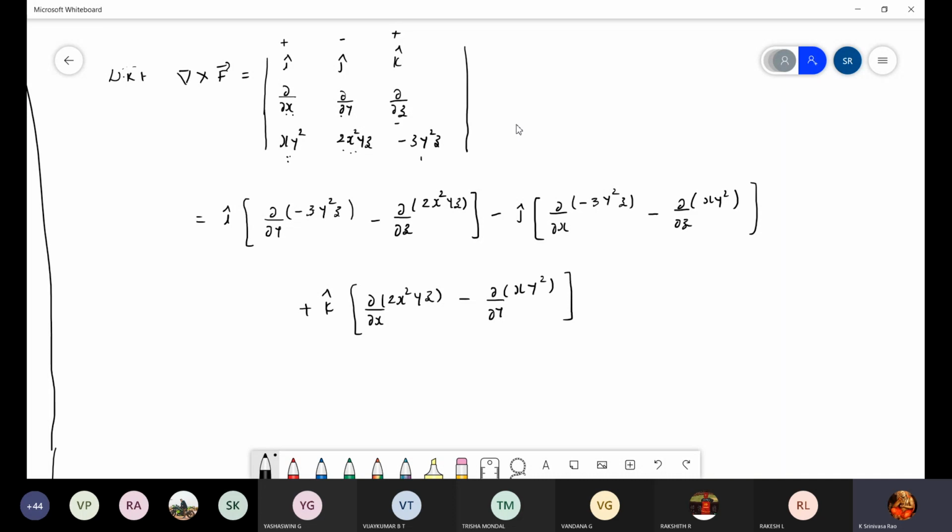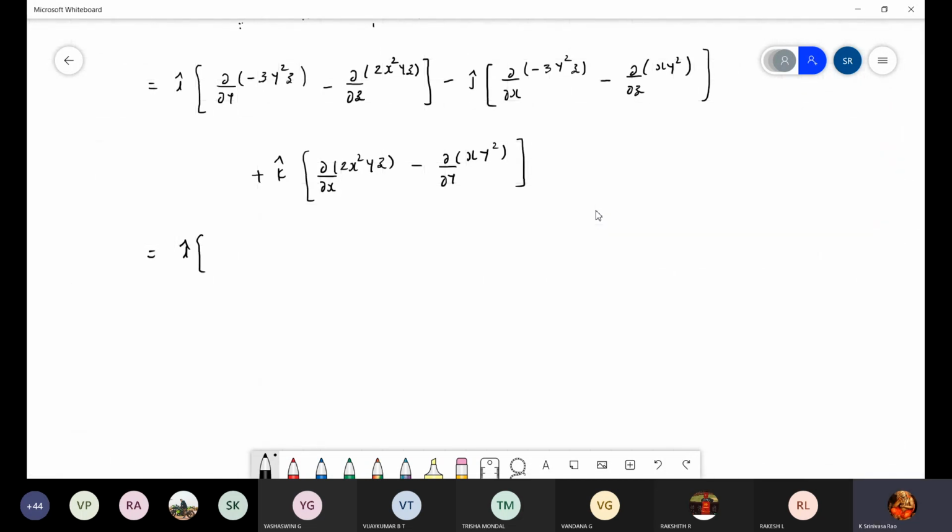Yes, differentiate. You will get i cap into, first one, minus with respect to y square, differentiation is 2y, you will get minus 6yz, and here minus differentiation with respect to z is 1, 2x square y.